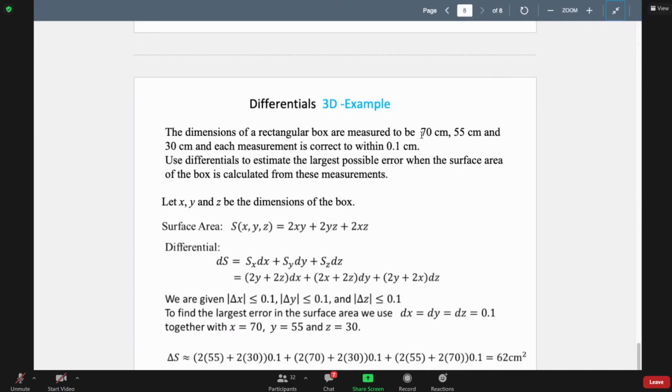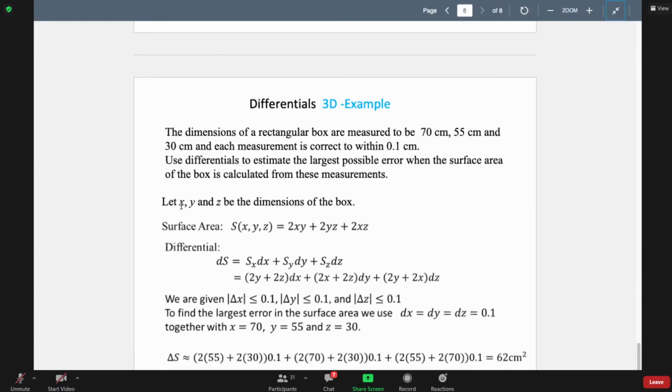So when you are measuring the box, the error you make in each dimension is at most 1 millimeter. Now, use differentials to estimate the largest possible error when the surface area of the box is calculated from these measurements. Okay, so that's the example, and now let's solve it.